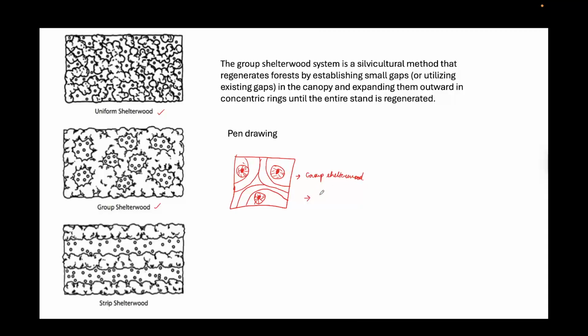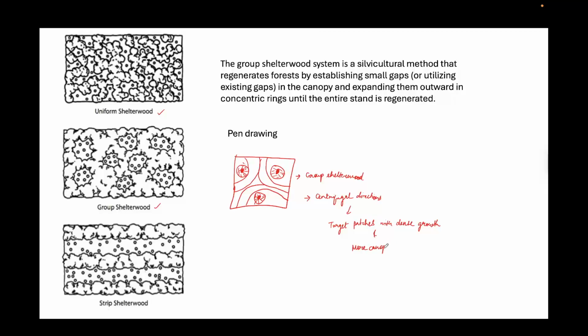Where you move in centrifugal directions and target patches with dense outgrowth, so you have to locate such areas in the forest and more canopy.